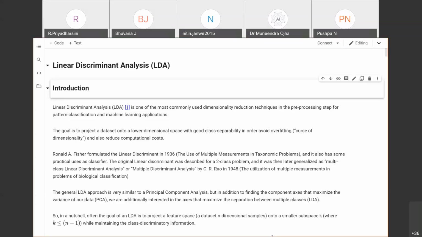When we say we are reducing the dimensionality, in mathematical vector space terms, we imagine a data point present in a high dimensional space, let's say 100 dimensional space, and from the 100 dimensional space I am trying to project that data onto a two or three dimensional data space.